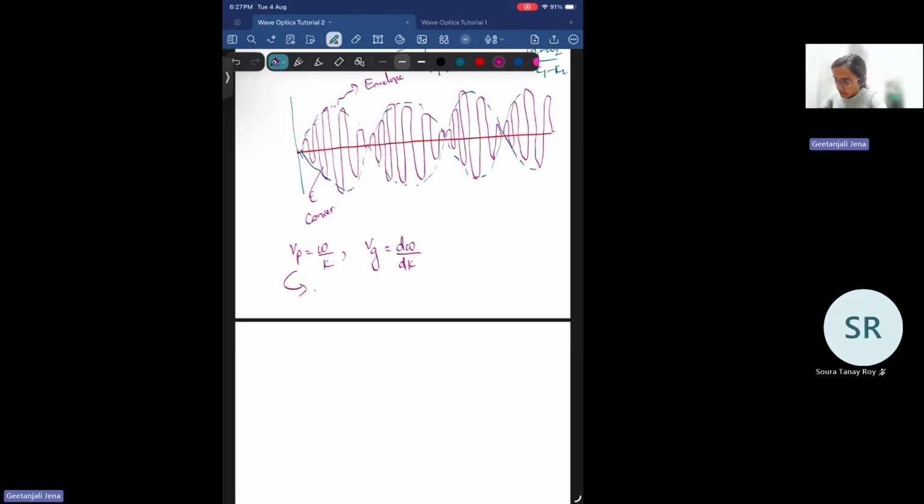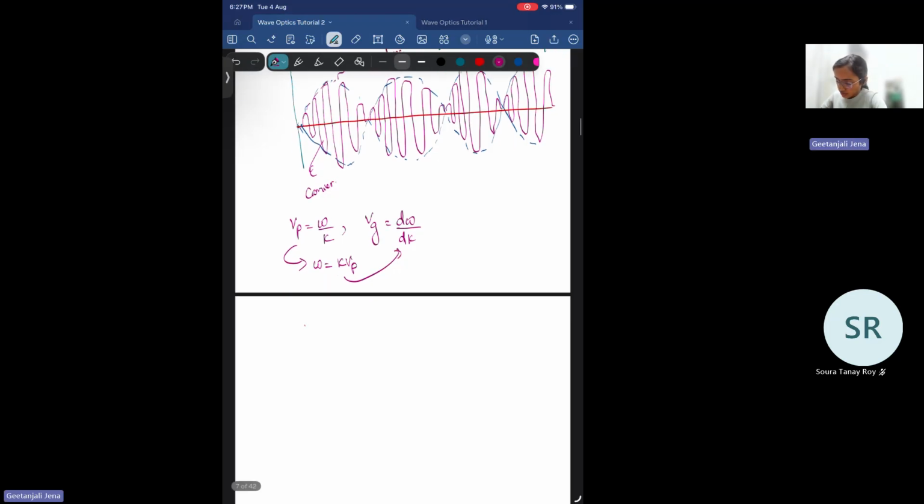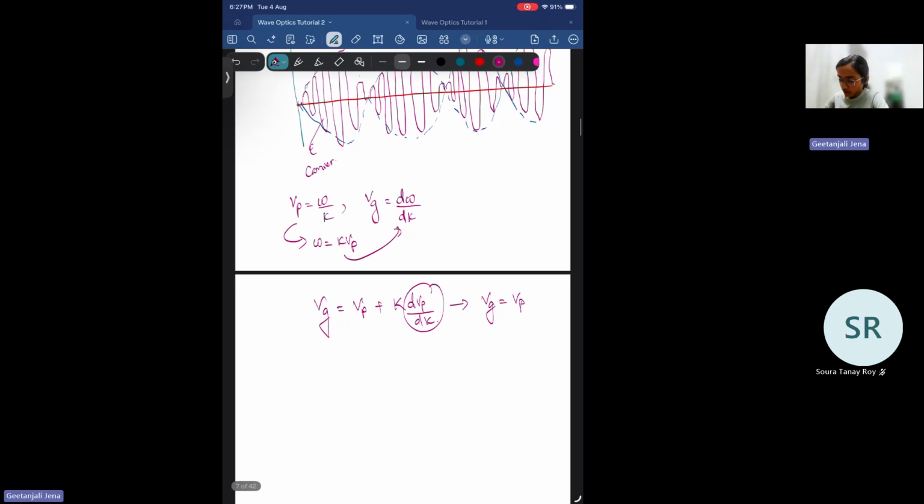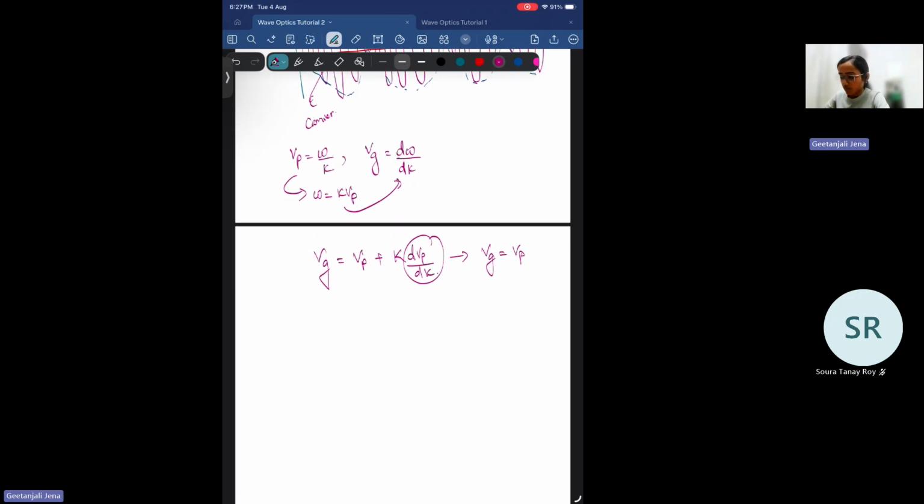So from this, we can say omega is k times Vp, and we got one expression: Vg is Vp plus k dVp over dk. You can consider a situation where this is zero. For that case, Vg is Vp and we don't have any dispersion in the medium. But for a practical situation, this is not zero. It can be positive or negative.